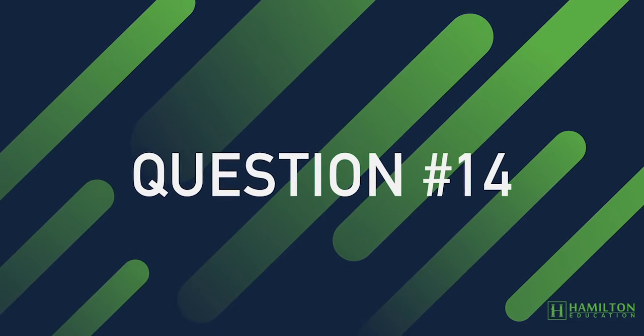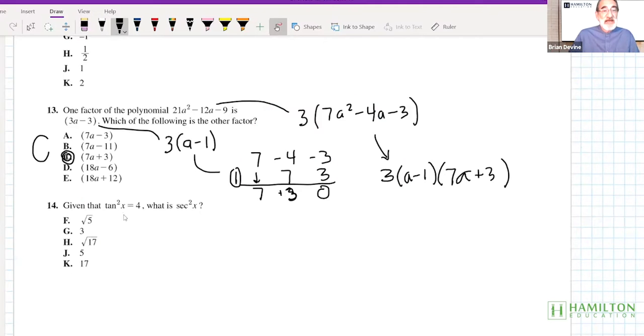For number 14, given that tangent squared of x equals 4, then the tangent of x must be plus or minus 2. I just take the square root of both sides. Now, whenever I get something like this, the easiest way to see the answer is to draw a reference triangle.